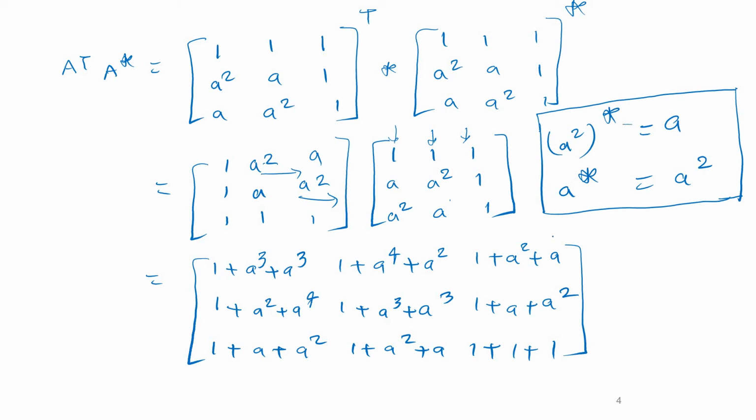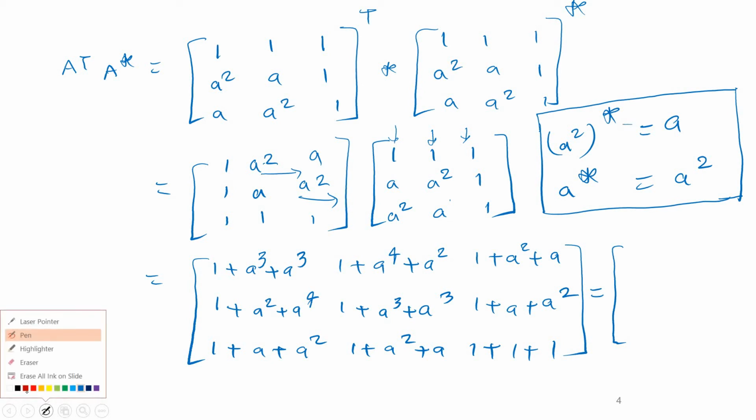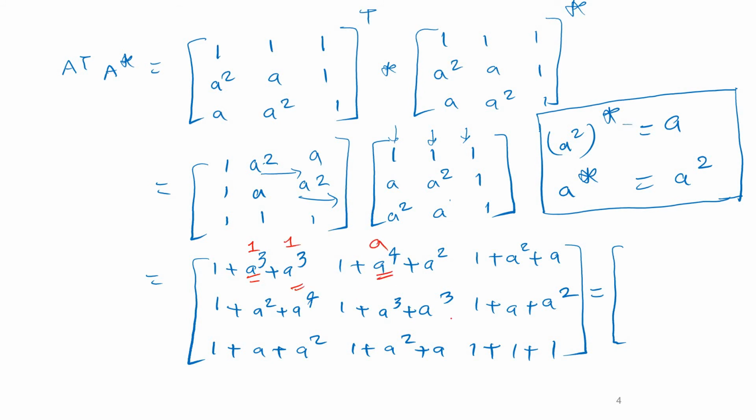Now, for further simplification, we can use the a cube value, which is equal to 1. Now, a power 4 is equal to a. Wherever you have a power 4, replace it by a. So a cube is 1, a cube is 1.